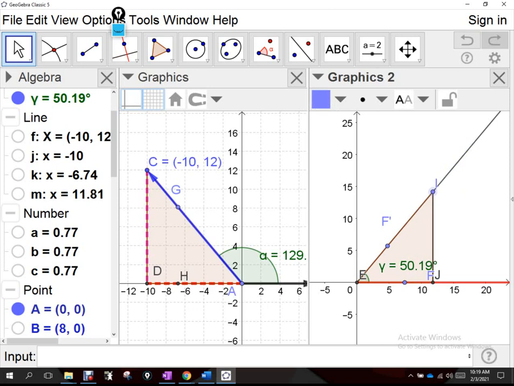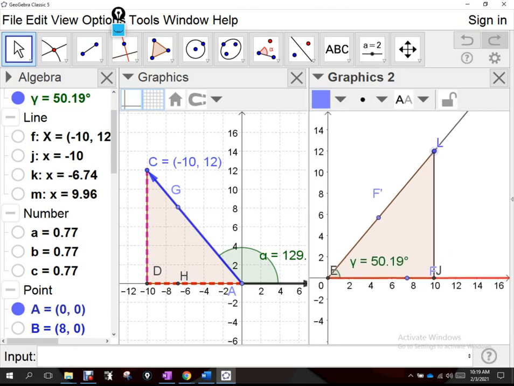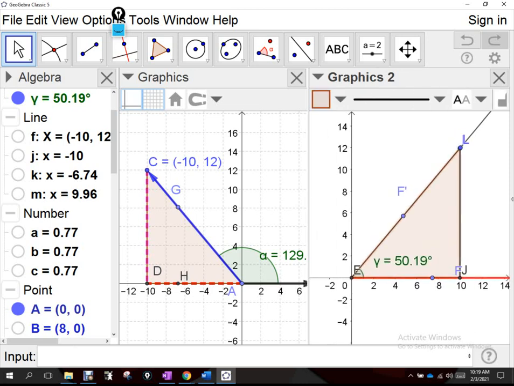And a unique kind of instance of similarity is actually congruence. Okay, and I put that on the wrong graphic, so let's go 10, 12. So if I go to there, I'm zoomed out, different scale, but this triangle here is now congruent to that one.